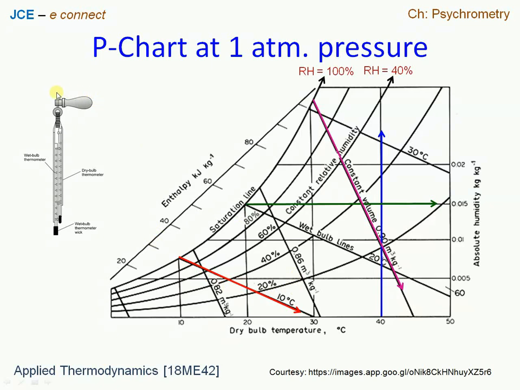So that is how the sling psychrometer is very useful in trying to extract many properties from the chart.